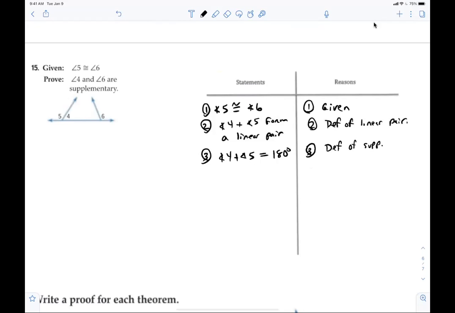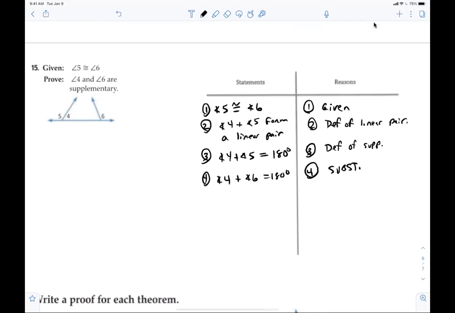Definition of supplementary. So now what? Angle 4 plus angle 6. Yeah, substitution. Yep. Angle 4 plus angle 6 equals 180 degrees.